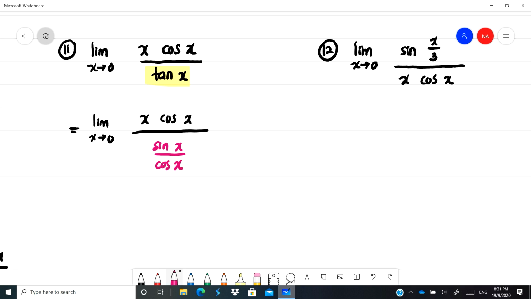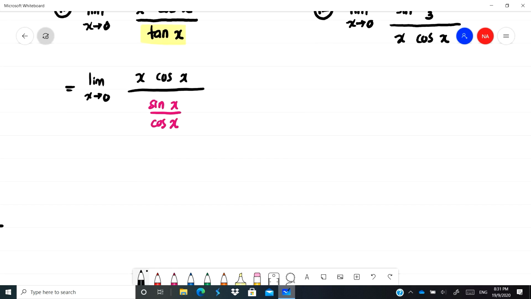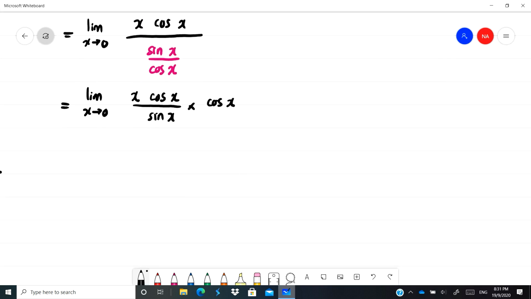So this should be simplified as limit as x approaching 0 of x cos x over sine x multiplied by cos x. Please take note that we want to leave the x with sine x alone and put that cos x alone.